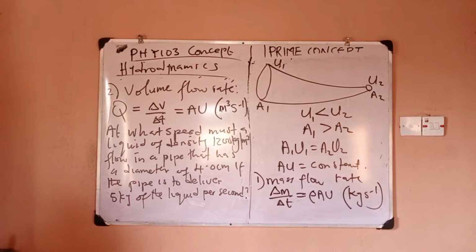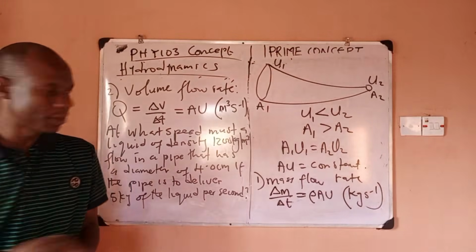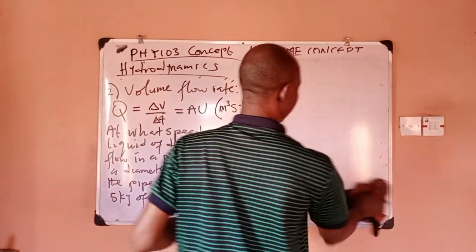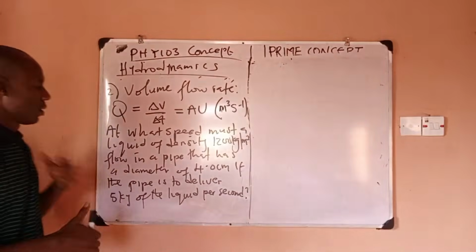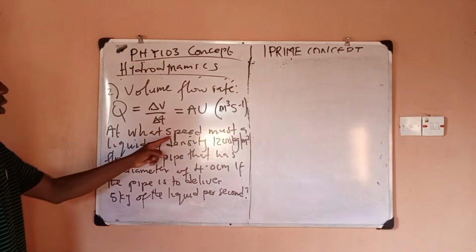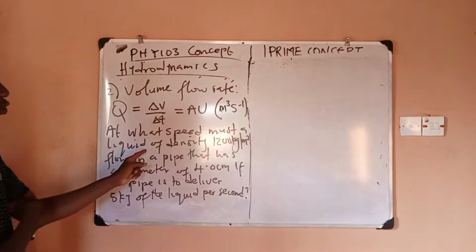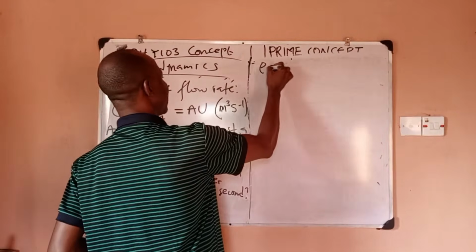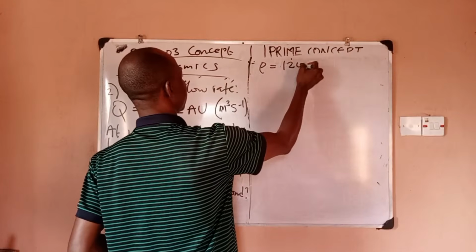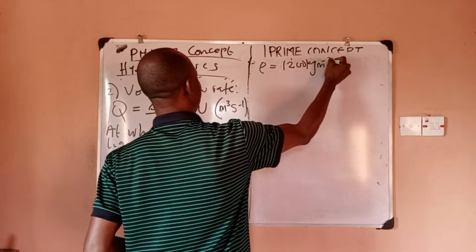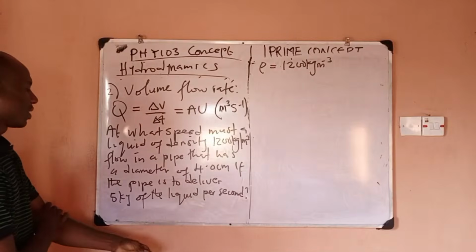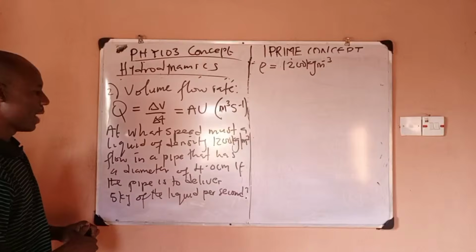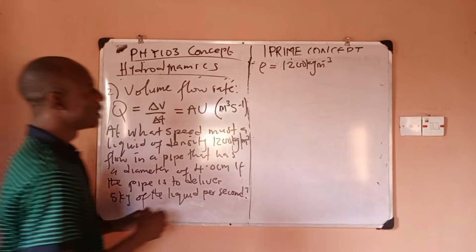So let us see how we can solve this problem quickly. Let's bring out the parameters given to us. They gave us density as 1,200 kilogram per meter cube.